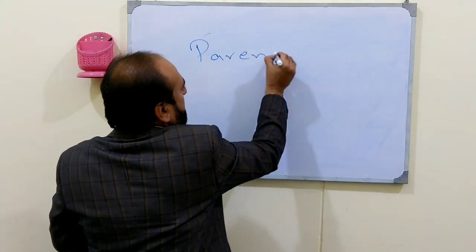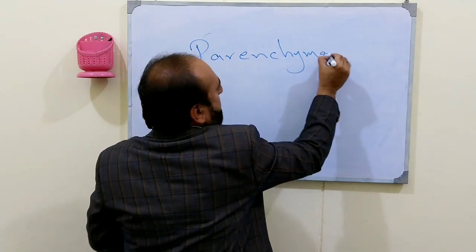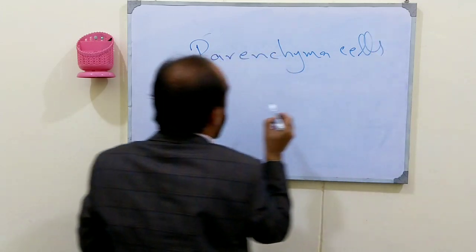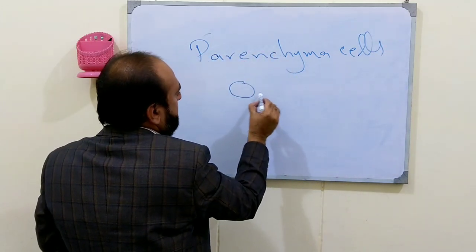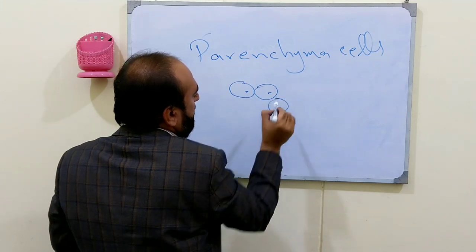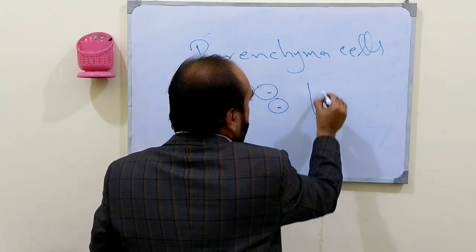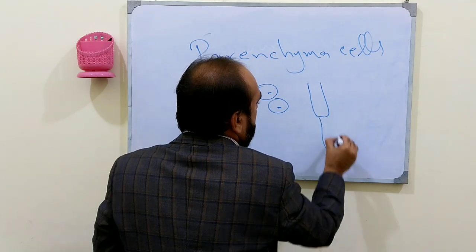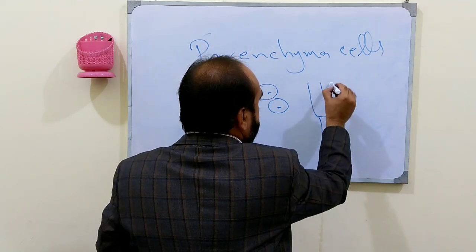Parenchyma cells, when they are first made, are spherical in shape, and then they get tightly packed, side by side.